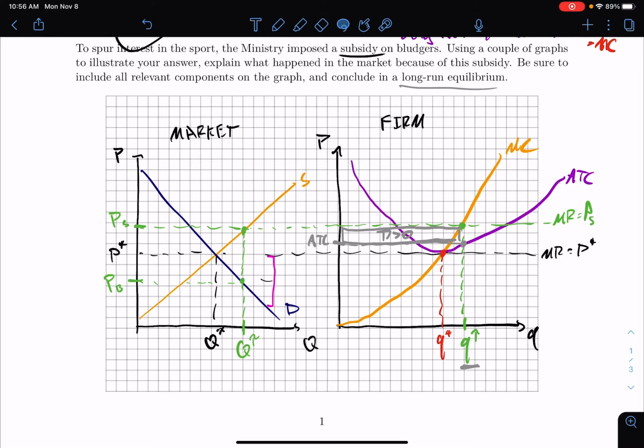But we also have the subsidy, so we know the price for the buyer is going to be below that PS by the value of the subsidy. So we need to find the quantity where the price for the seller is greater than the price for the buyer by the value of the subsidy, and the price for the seller is equal to the original price, and that happens right here.